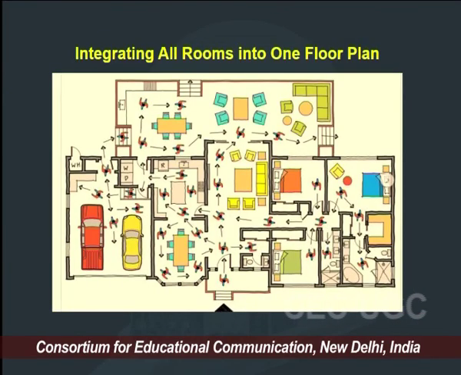So ultimately the challenge for the designer and the architect is to integrate all these rooms into one single floor plan. And learners, if you are following all the methods, methodologies and the process of the design that we have discussed throughout this lecture series, I am pretty sure that you will be able to formulate such a design that integrates every aspect of designing, and it's functional and safe for the end user.